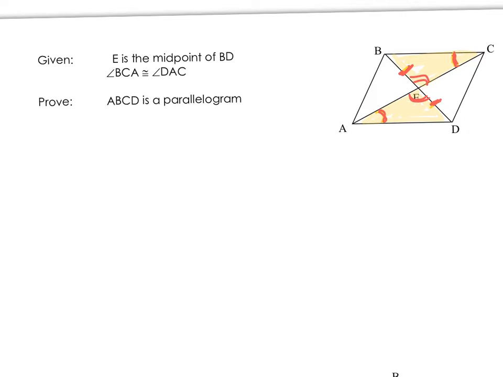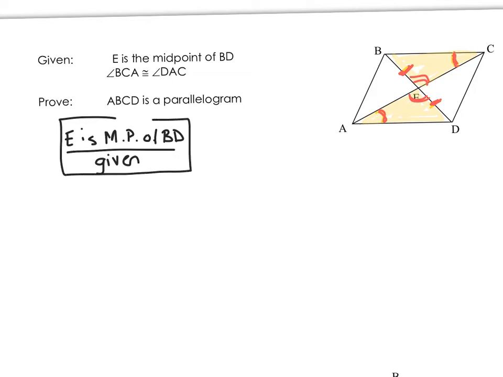So I'll start with my first given. E is the midpoint of BD. And remember, what that told us, so I'm going to draw an arrow, is that BE is congruent to ED, by the definition of a midpoint.